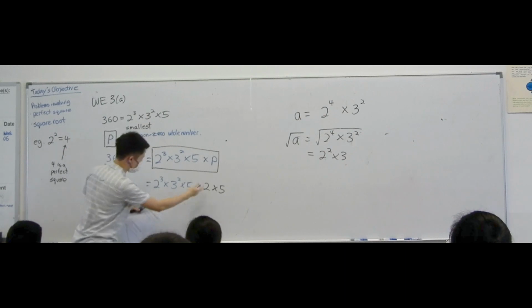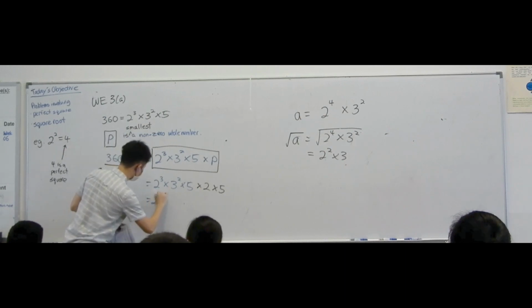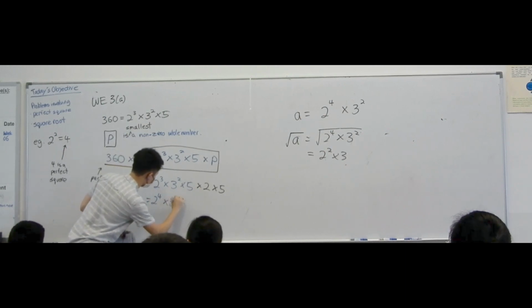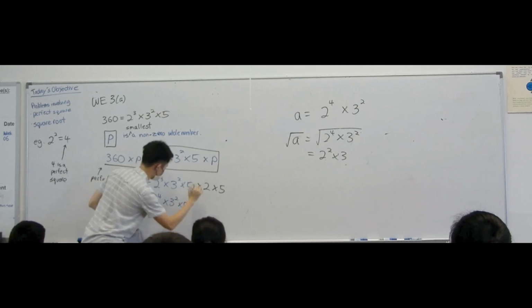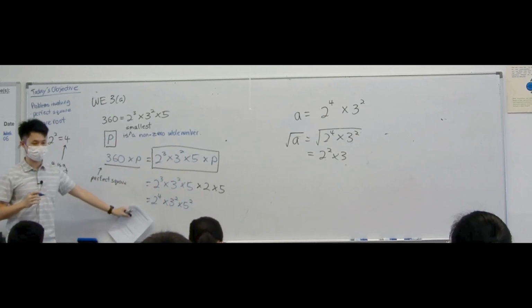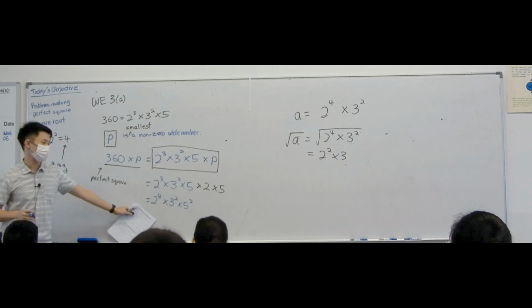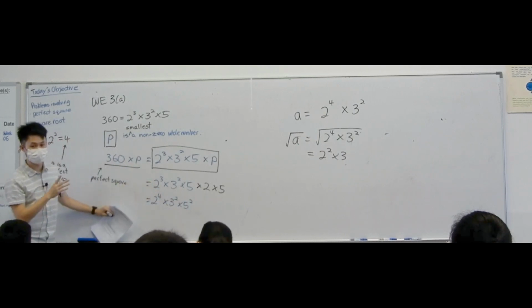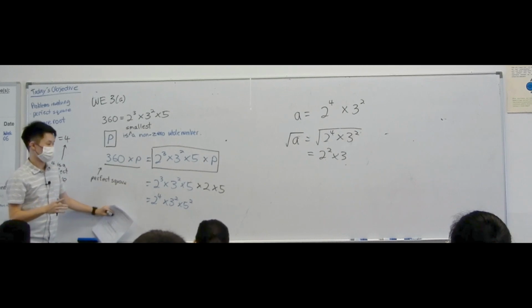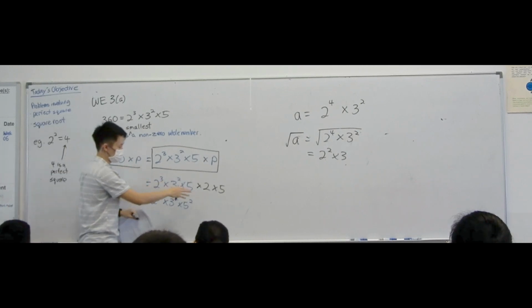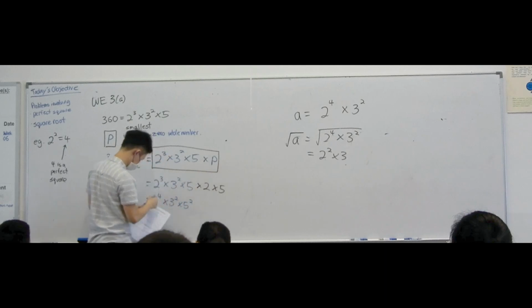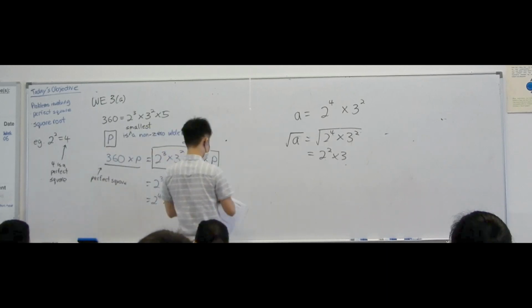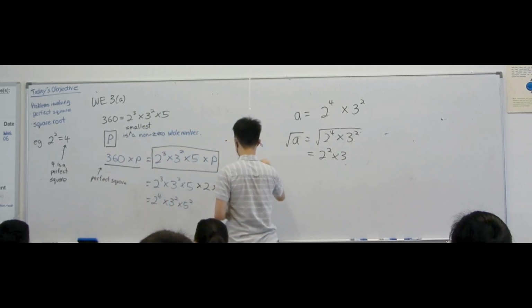So the next step is I'm going to combine everything, and I have 2 to the power of 4 times 3 to the power of 2 times 5 to the power of 2. Can this number be a perfect square now? Yes, because when I square root this whole thing, I can easily get the answer. Now, can I deduce here that the number P is equal to 2 times 5?